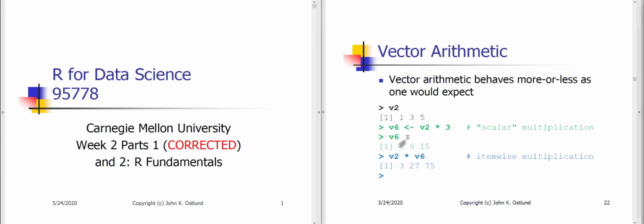So we end up with an item by item multiplication giving us 3, 9, 15, since v2 contains these 3 items, 1, 3, and 5. Now I have corrected one of my many mistakes, I guess I had Python on the brain, where I had equal signs instead of the gets operator. Well, let's press on.